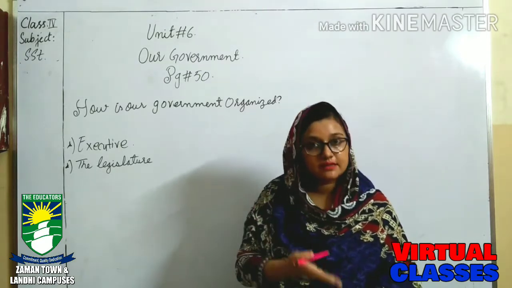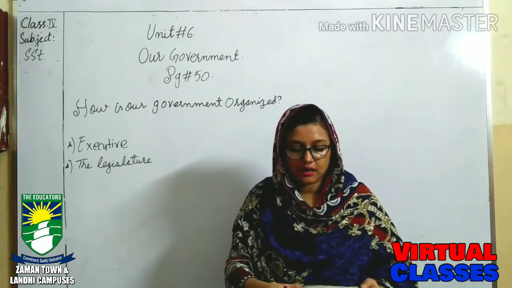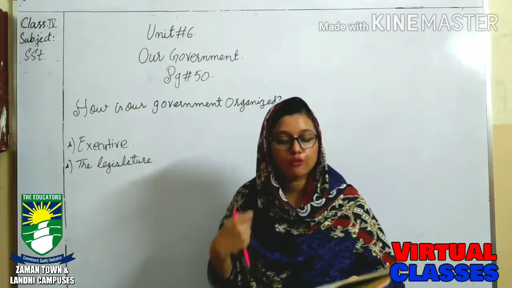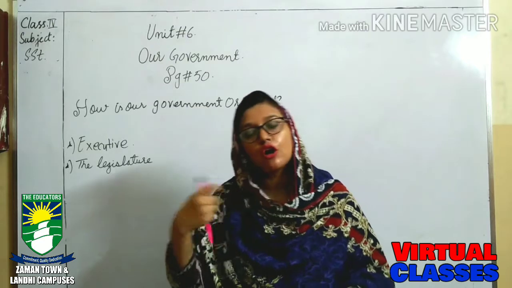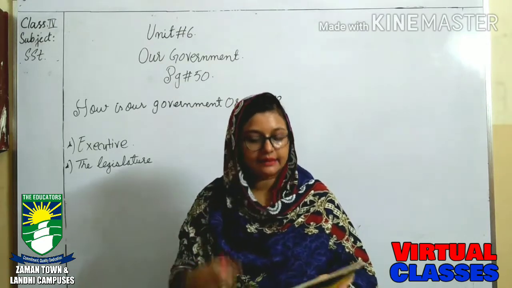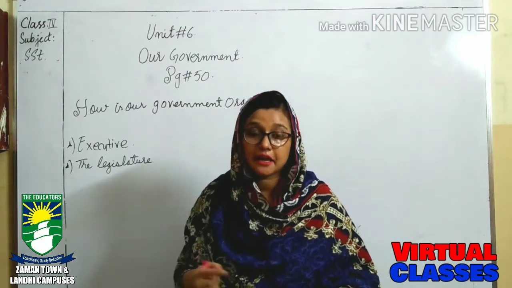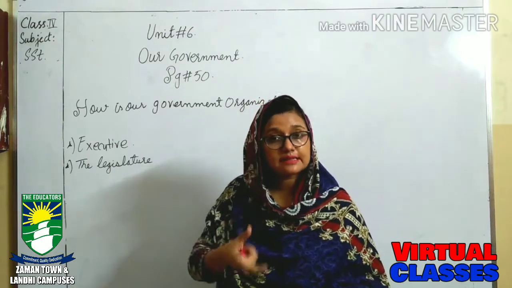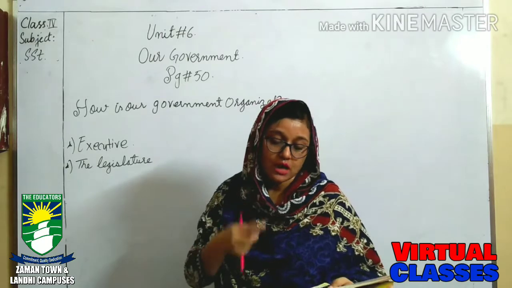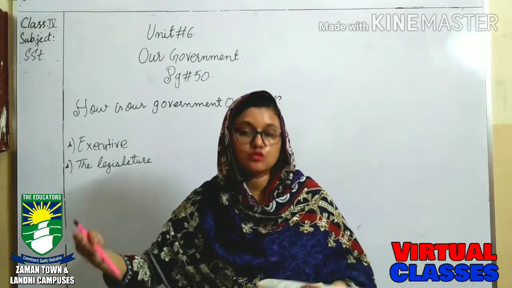They talk about the reasons for and against the law, and then they vote on whether it should be passed or not. If they agree, it then goes to the upper house to be discussed again. If the upper house thinks it is a good law, it is passed on to the president to approve it.